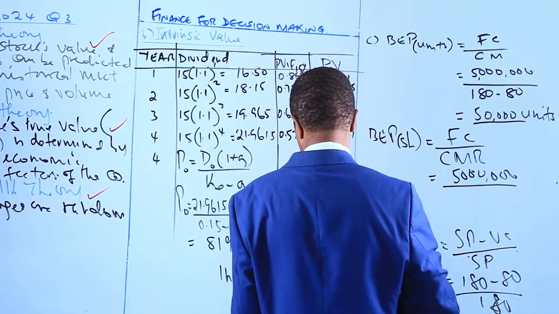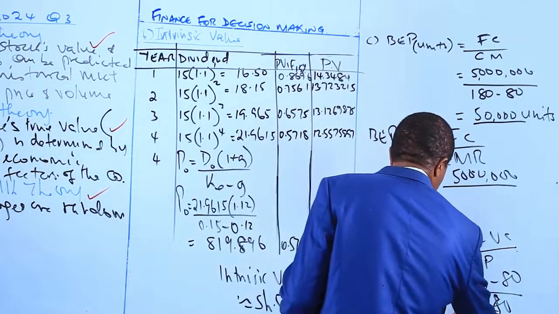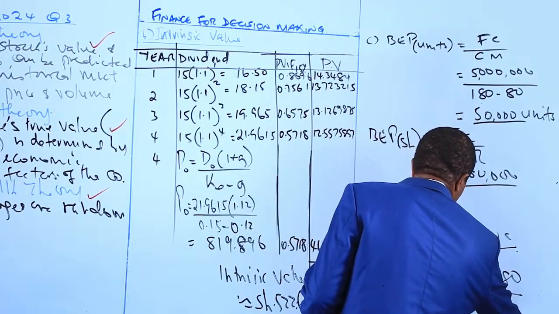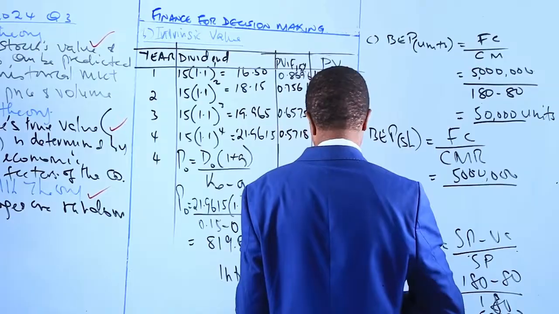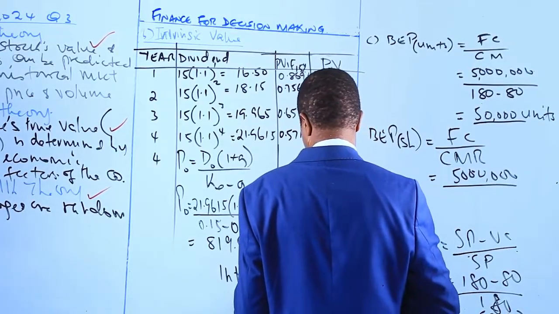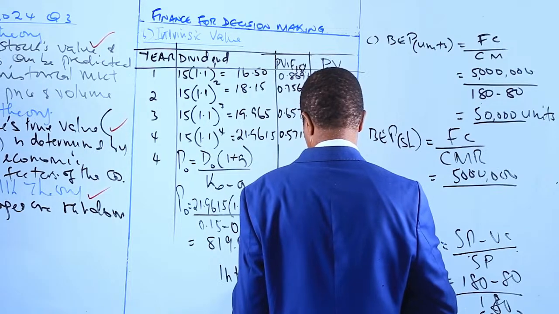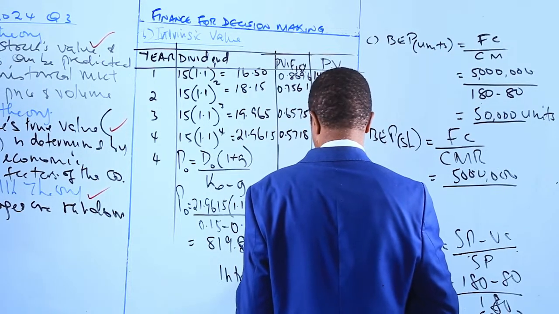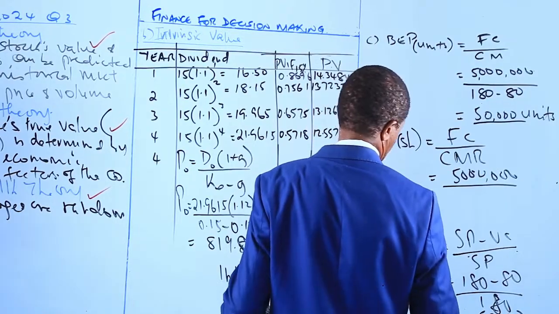So we divide the 5 million by that ratio. 5 million divided by 0.55555. So roughly I'm getting 9 million.